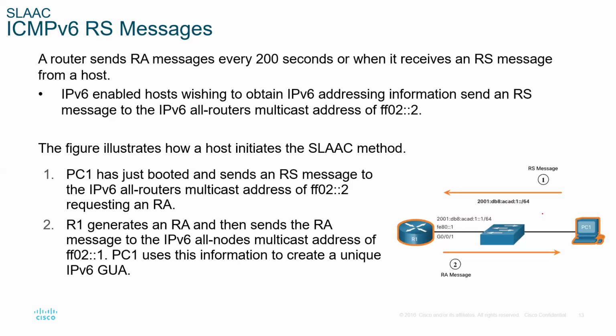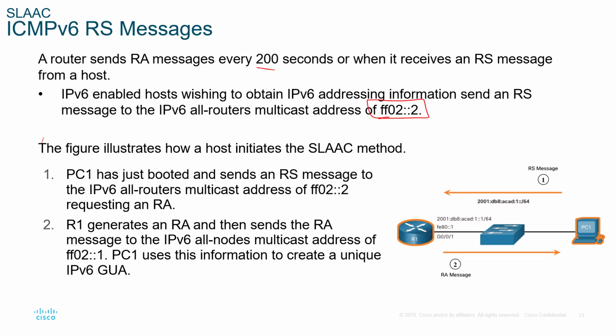RS messages. I think some of these slides will sound sort of a repetition. A router sends RA messages every 200 seconds or when it receives an RS message. IPv6 enabled hosts wishing to obtain IPv6 addressing information send an RS message to all routers, multicast address of FF02::2.